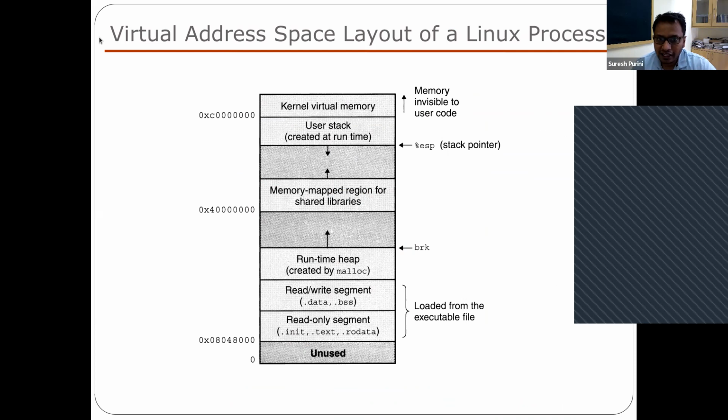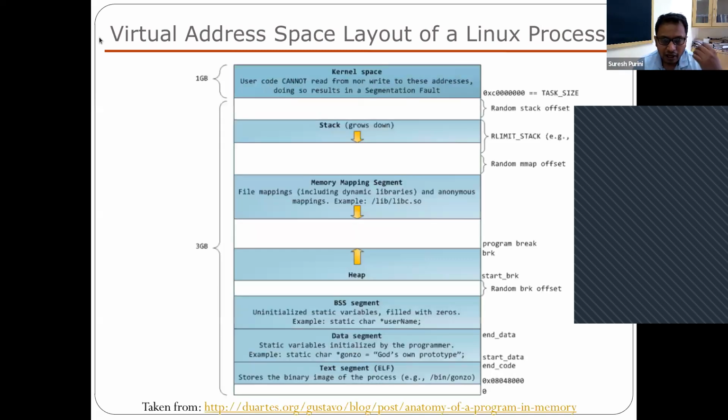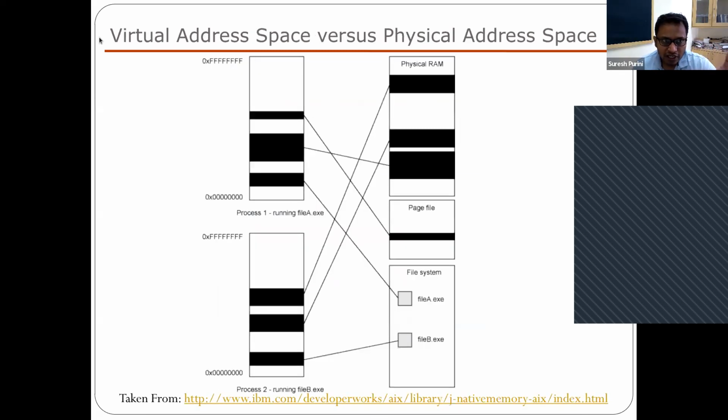And when you look at the actual physical layout, there is a natural question that comes to you: the whole memory seems to be allocated to me, but there are other processes running on the machine. How about them? The answer is that the view that you get is only a virtual memory view, but there's an internal mapping of the virtual memory to physical memory. That's how the whole thing is managed.